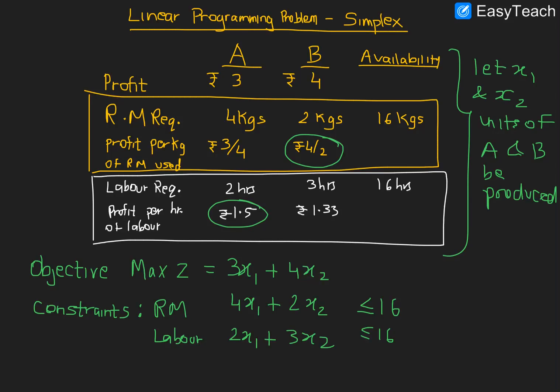That constraint we call the non-negativity constraint, where we say x1 should be greater than or equal to 0, and also x2 should be greater than or equal to 0. So both of them need to be non-negative, and therefore we place this constraint. This is the first part, where we have converted our case study into a mathematical formulation which needs to be solved further to get the answer for x1 and x2.